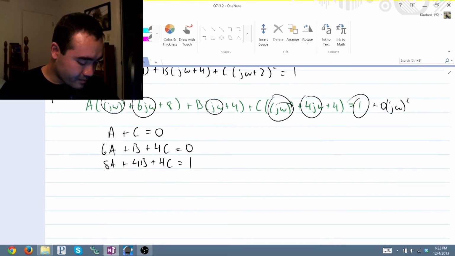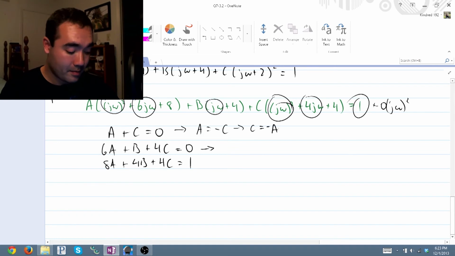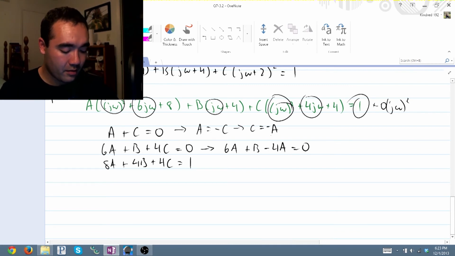Now, I'm going to go ahead and simplify. Easy to see that a is equal to negative c. Let's plug that in here. If a equals negative c, then it stands to reason that c equals negative a. So we have 6a plus b minus 4a equals 0, and you can see we subtract, we have 2a, so 2a equals negative b.